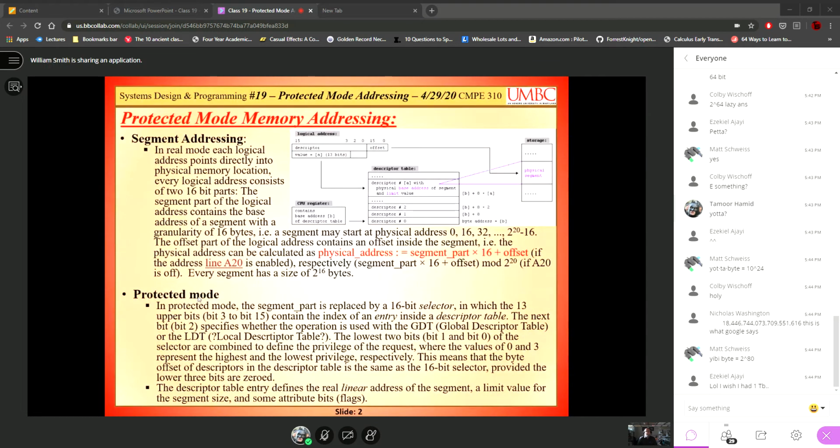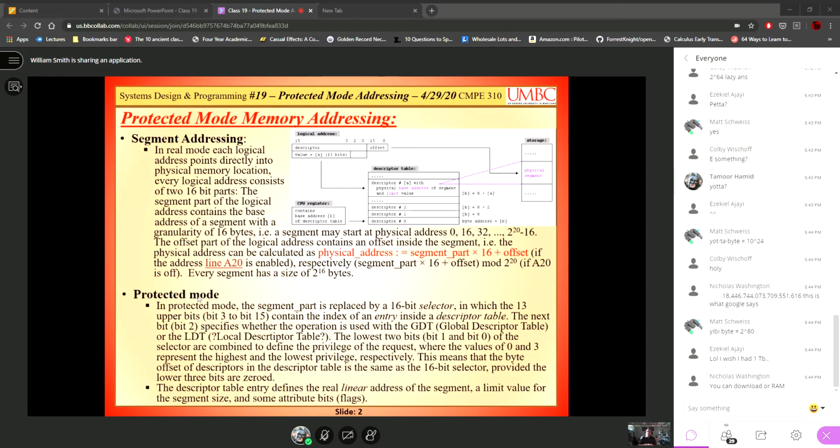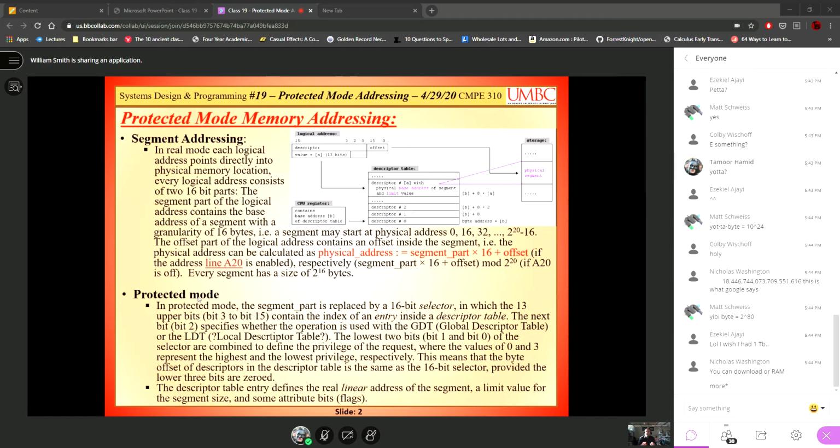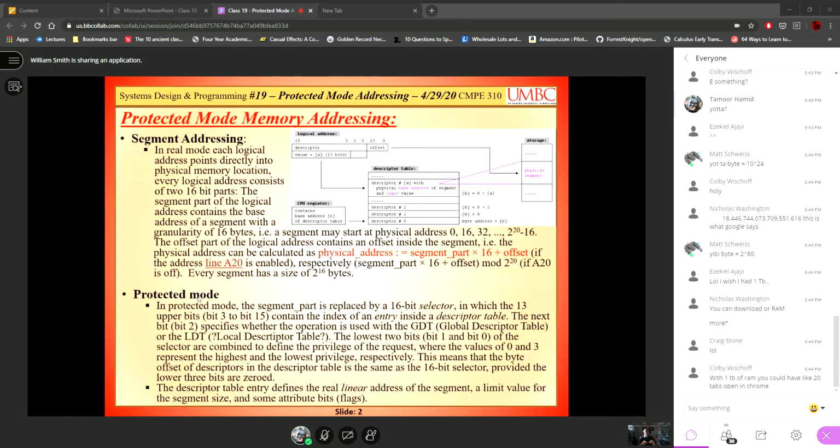I wish I had 1 terabyte of RAM. Me too. But if you had 1 terabyte of RAM, you're still only chewing up 40 address bits, right? Everybody with me on that? You can download or add more RAM, but getting up to a terabyte, you'll be doing good.